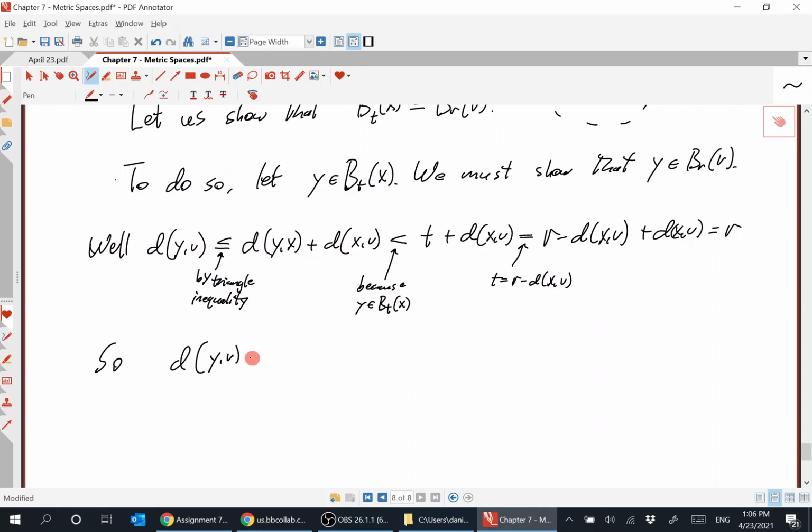The distance from Y to V is less than R, right?